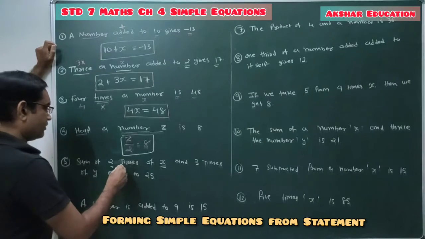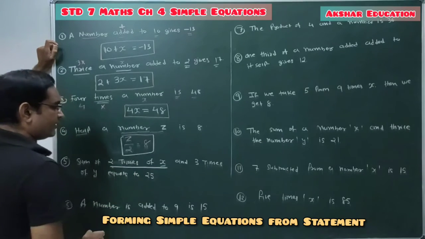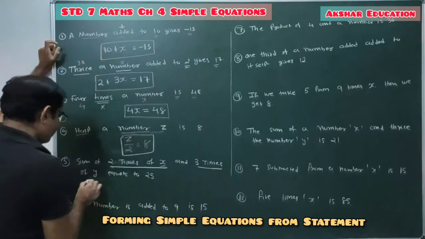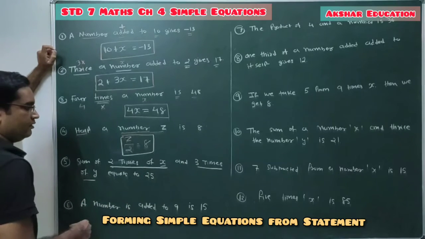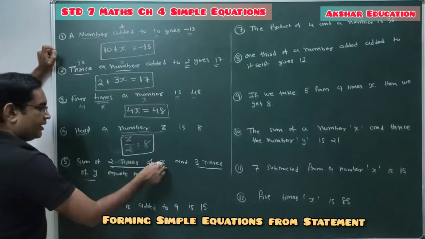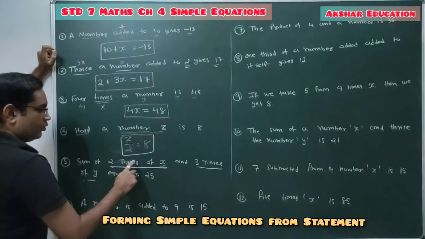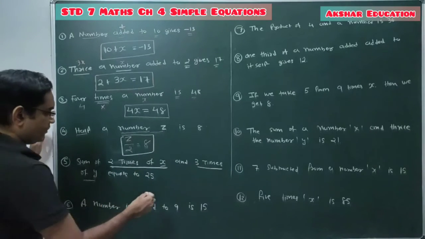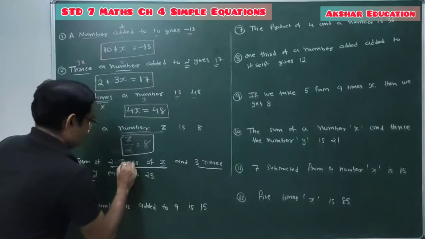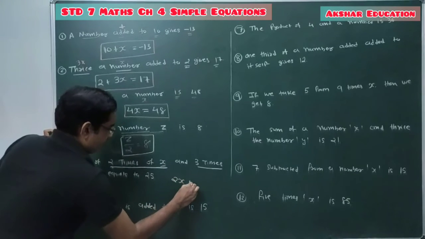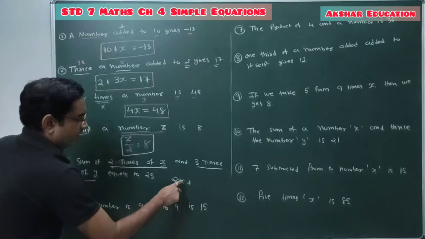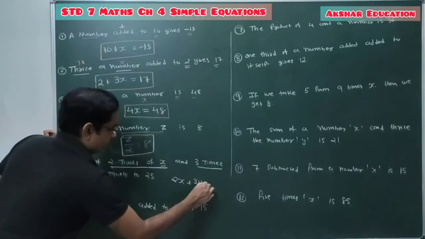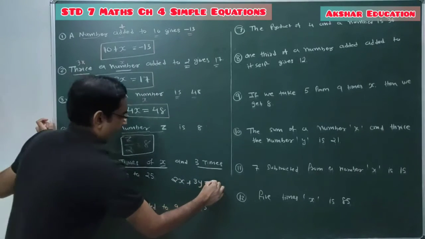So you have to consider the sum of 2 times x and 3 times y. So 2x plus 3y is equal to 25. So our simple equation is: the sum of 2 times x and 3 times y is equal to 25.